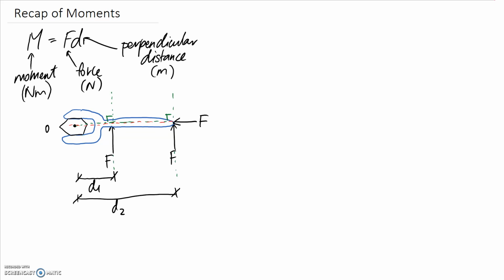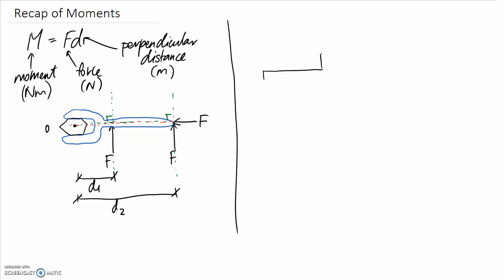Alright, so that's the basics of how you can conceptualize moments. And now we're going to talk about how you can calculate the resultant moment of a system. So let's pretend that you have a system with multiple different forces.